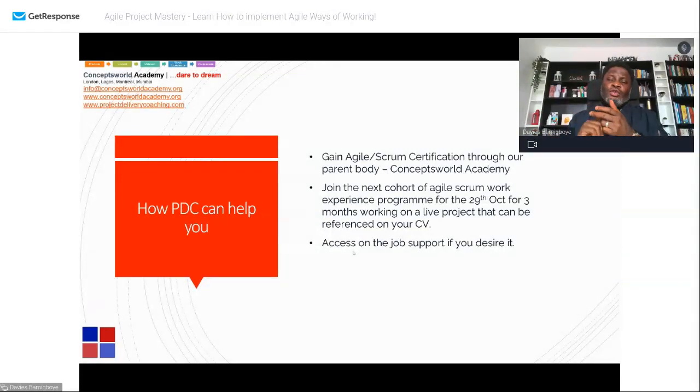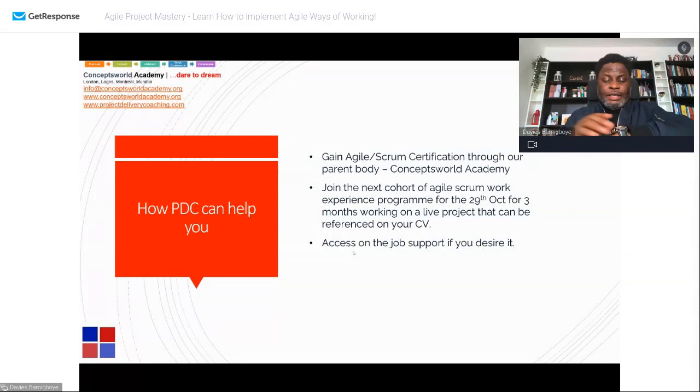But suppose you have certification and you don't have work experience, get the work experience. If you don't have certification, you don't have work experience, well, get the work experience first. Again, get that certification before you finish your course. If you have certification, you get some work experience, but you're on the job, you need support, only get the job support. You don't need the other two because you're already working anyway.